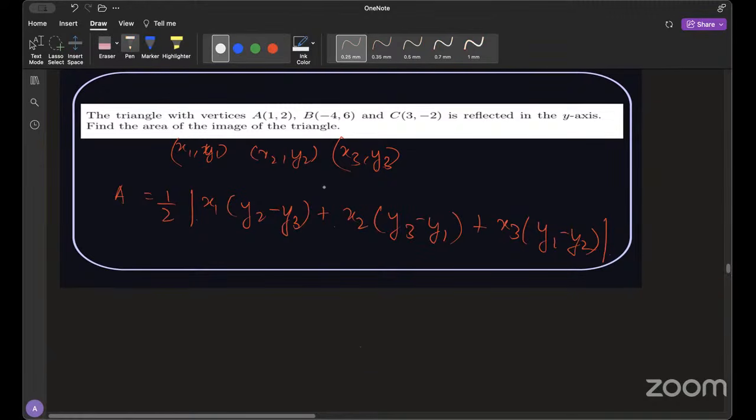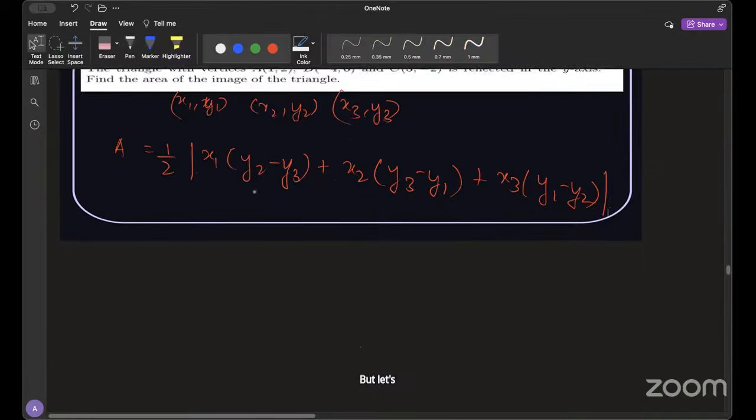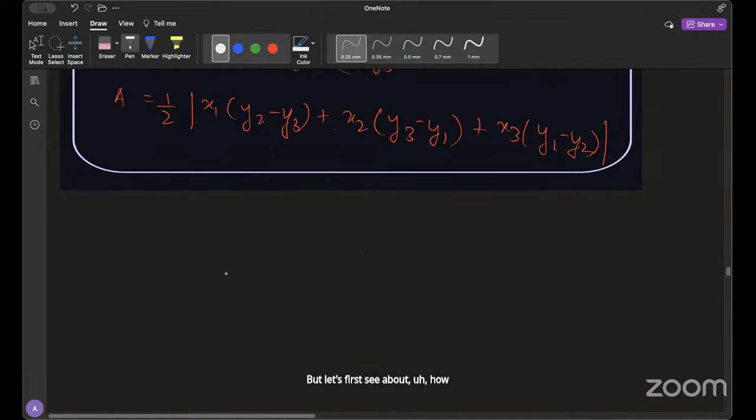And you have to find the area of the triangle, not the one that is formed by these three vertices, but the one that is formed by the image of these vertices about the y-axis, right? Although you don't need to find the image because the area is going to be the same. We'll discuss that too. But let's first see how you find the points.